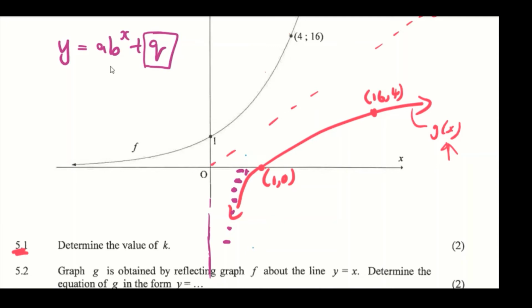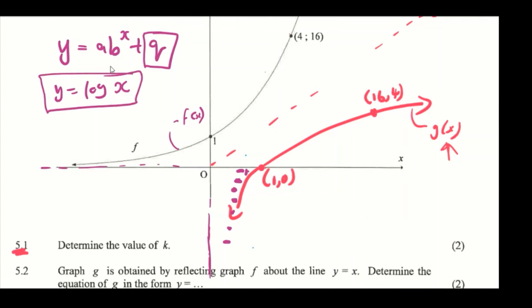For this one, it's a horizontal asymptote for this f of x. But because we are having y equals log of x, this same horizontal asymptote becomes vertical in this case, so it goes down like this.